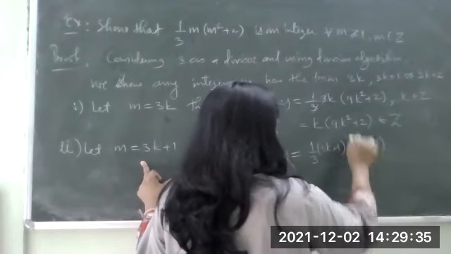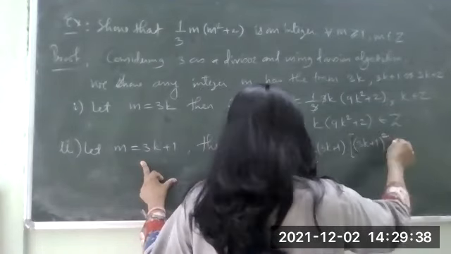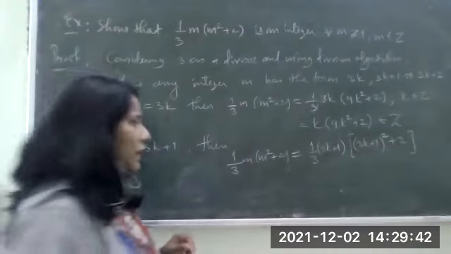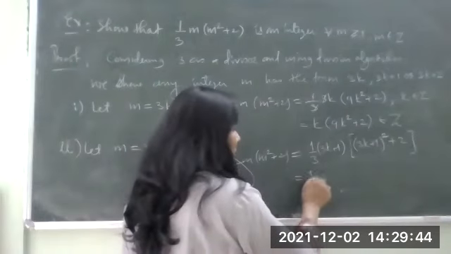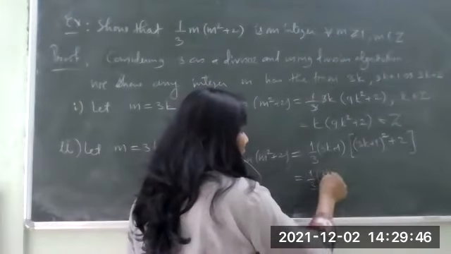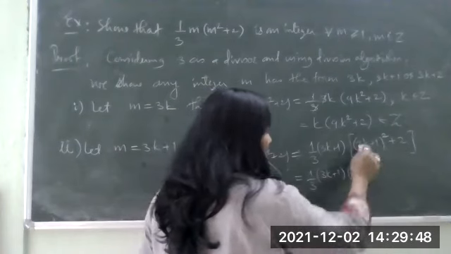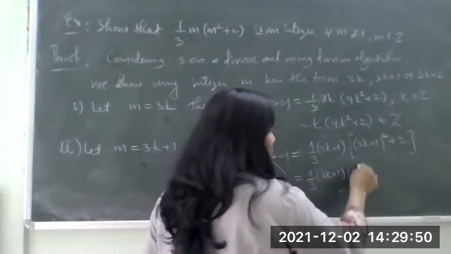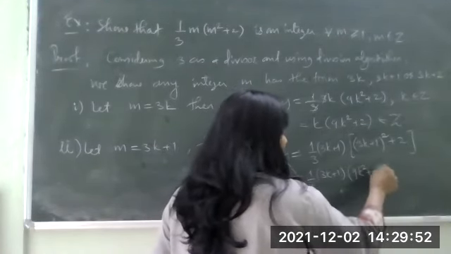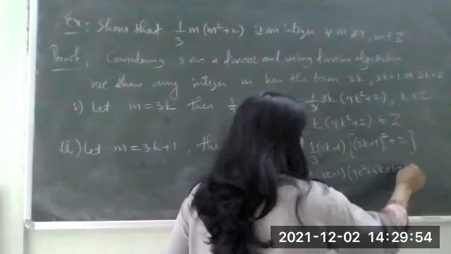It is in the form of square, so I use the bracket, square bracket plus 2. Whole square formula we can use, and we can write it is 1 by 3 into 3k plus 1 into, now square of this is 9k square plus 6k plus 1 plus 2.